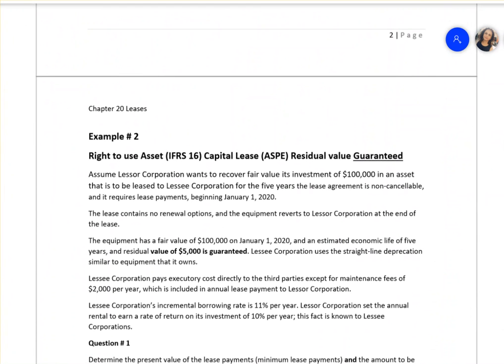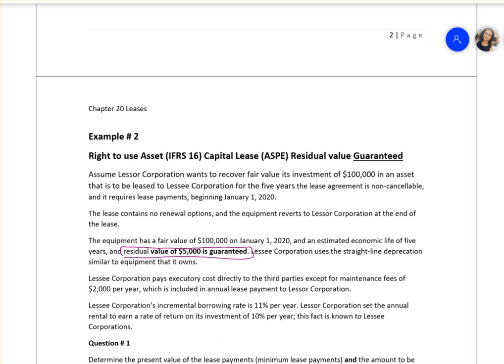In example 2, everything else is the same. It's the same example. What happens now, if you look at it, I bolded this part. If the residual value is guaranteed, the only thing that changes is your lease payments. If your residual value is guaranteed, it means the lessee is guaranteeing that the value of the asset at the time of the return will be worth the $5,000.